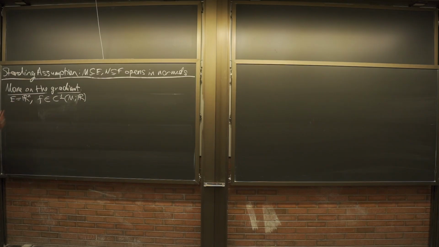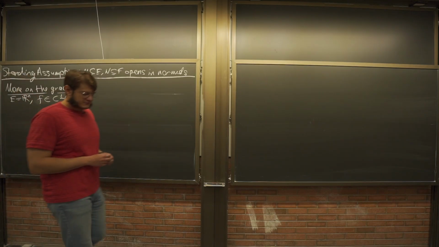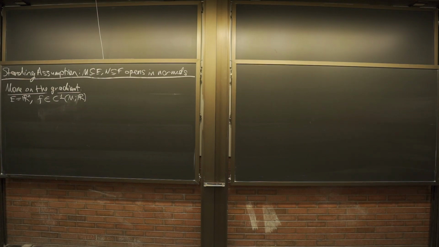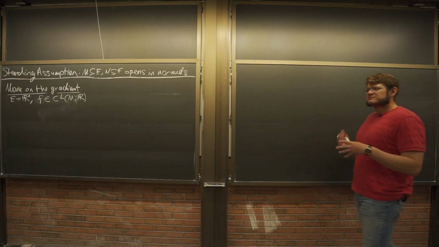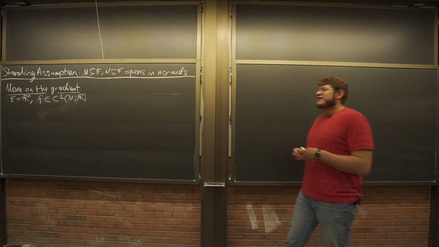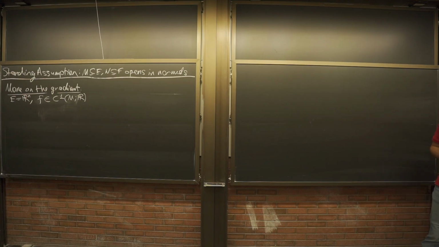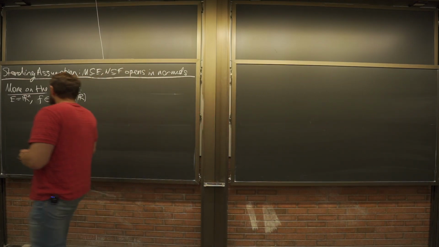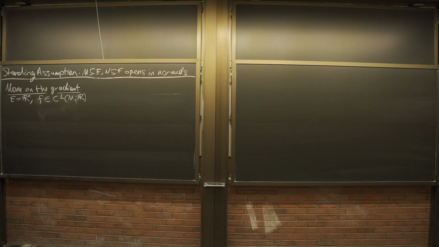Before that, though, I wanted to say a couple more words about this gradient, because the definition of it is somewhat roundabout, and there's reason for that. In the abstract setting, we have this, so to speak, duality property.